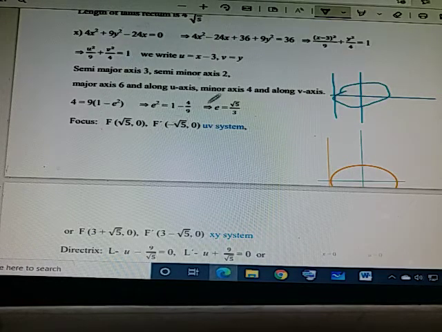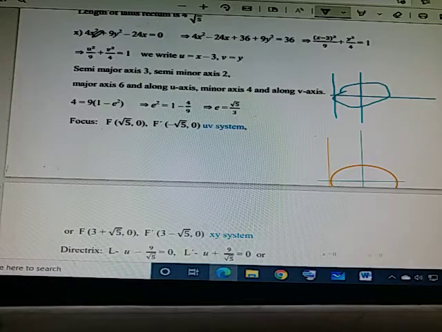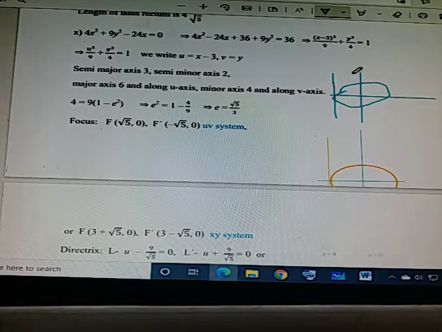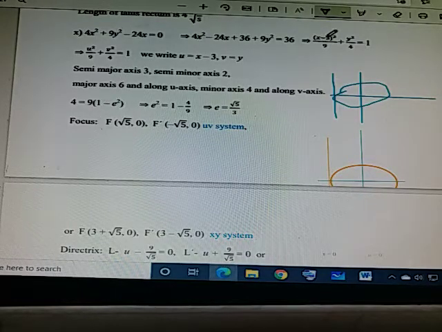So this one is x minus 3 whole square by, just like example 7, same one. In that case it was vertical, in that case focus is along y axis, and this time focus is along x axis. So similar problem.